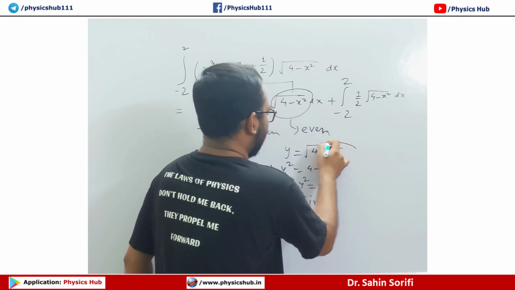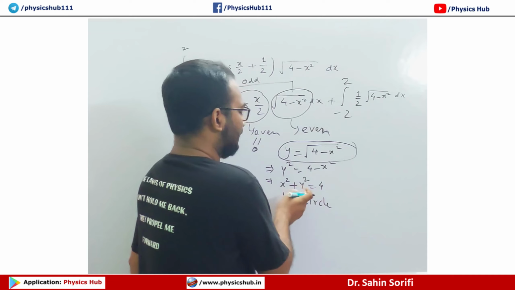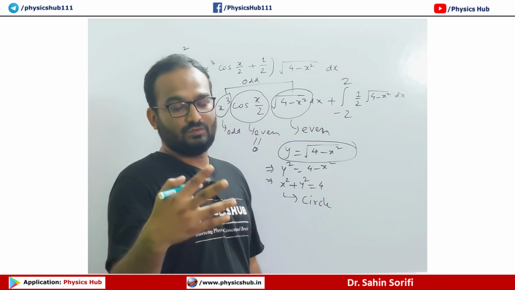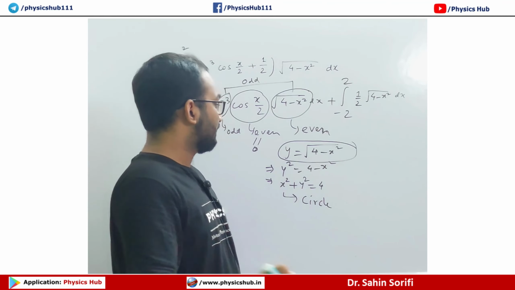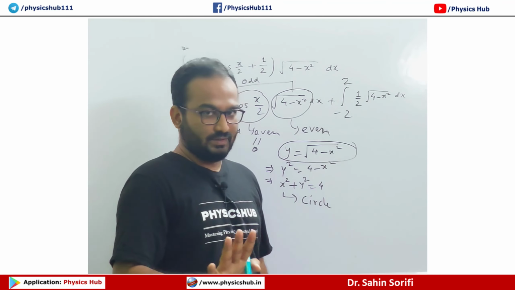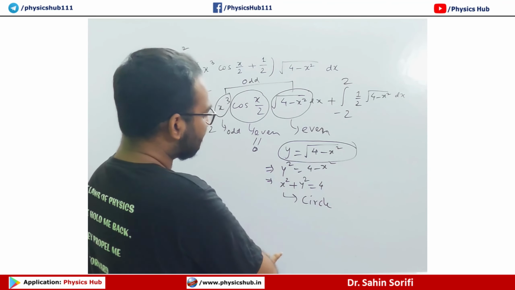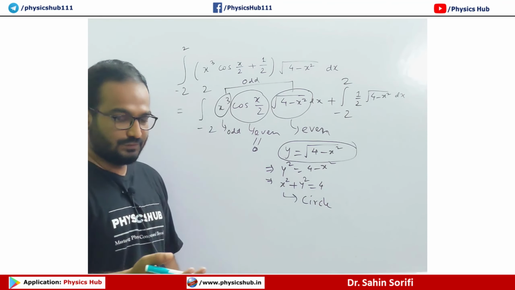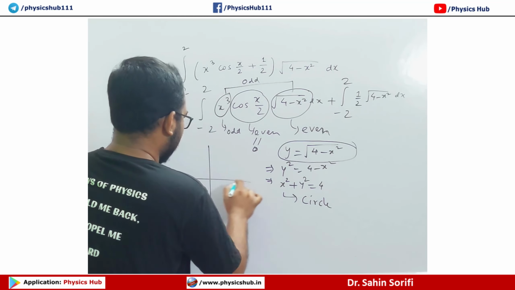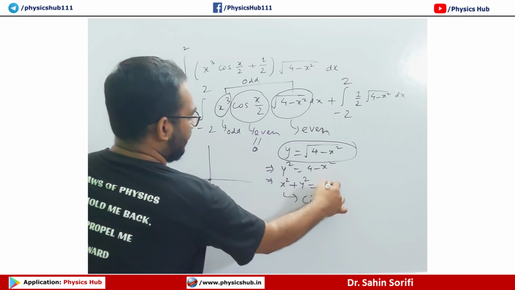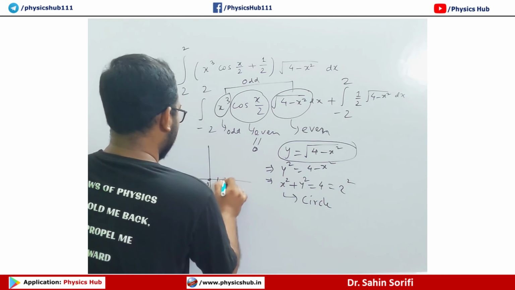Look, this is the original equation given to you. Don't think that x square plus y square equals 4. From this we can get two values of y, plus minus √4 minus x square. But originally it is only giving you plus. So if you look at this circle, x square plus y square equals 4, it is a circle centered at the origin 0, 0 and with radius 2.